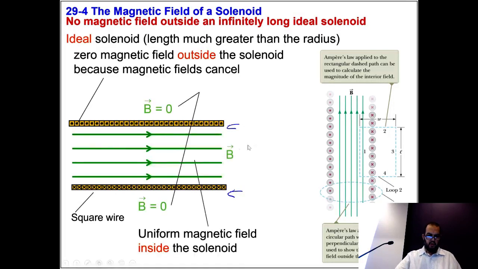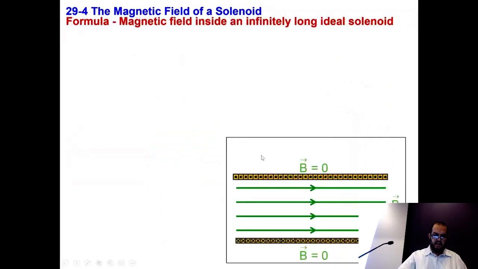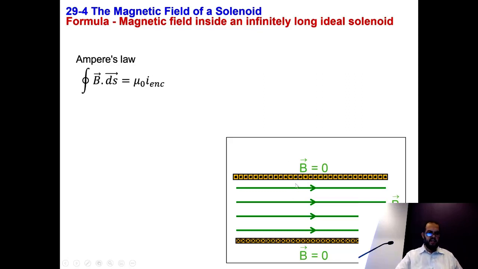All right. So we are going to use Ampere's law in order to determine the magnetic field inside. In order to do that, we will draw a closed loop. Ampere's law says the integral of B dotted with ds over this closed loop is mu 0 I enclosed.